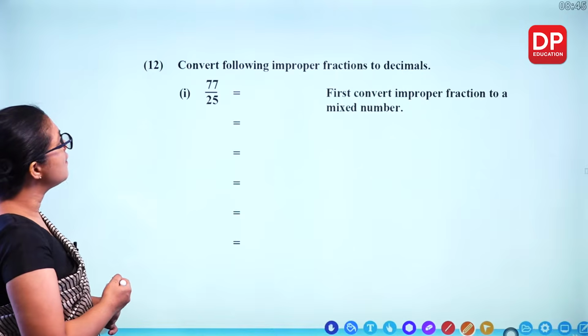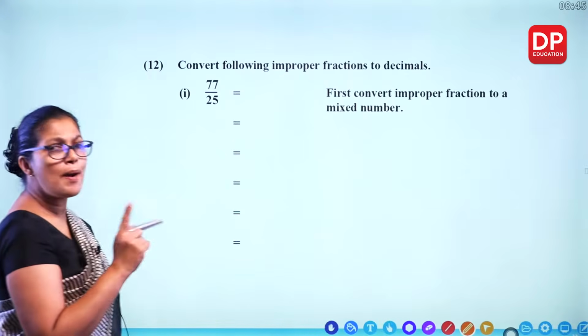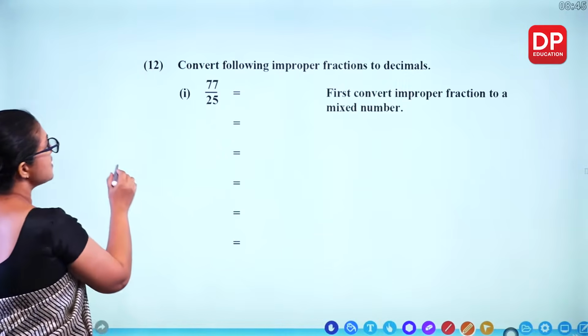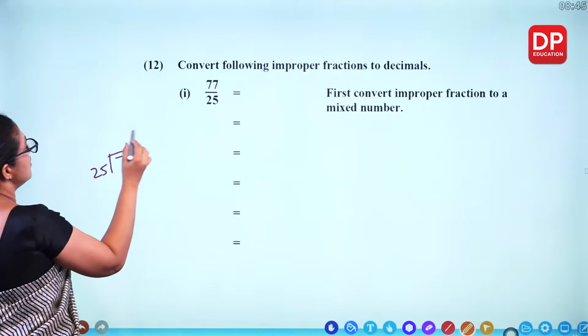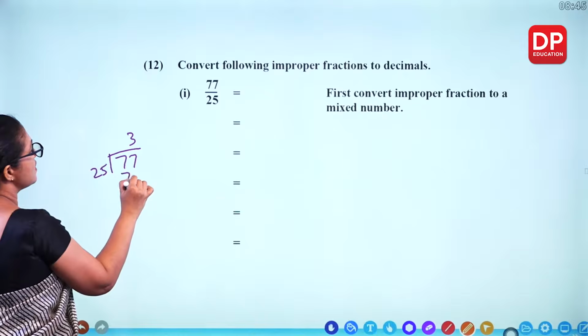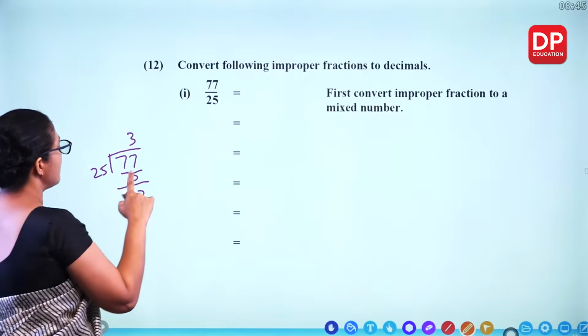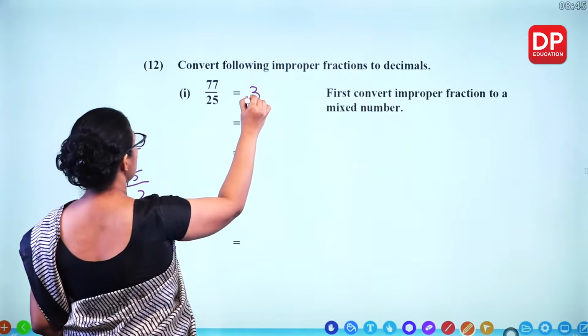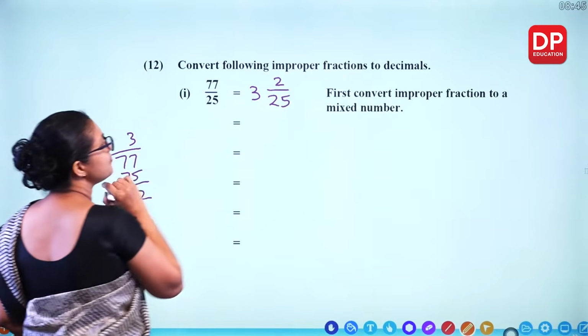Convert the following improper fractions to decimals. So 77 over 25. First convert the improper fraction to a mixed number. So 77 divided by 25. You get 3, that's 75 and 2 remaining. So you can write 3 and 2 over 25.